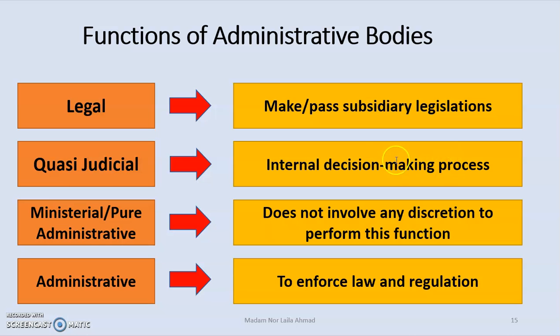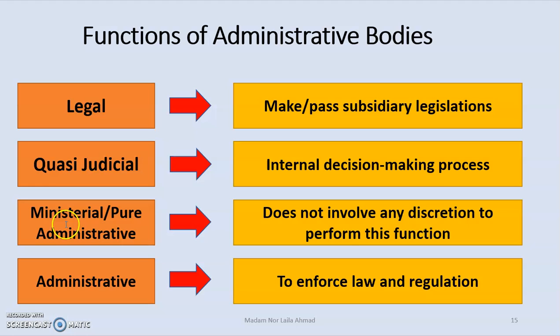So the process is according to the rules of natural justice. And later, after hearing the evidence from the witnesses and from the student, only then may the panel decide to impose sanction. This is what is meant by a quasi-judicial function.